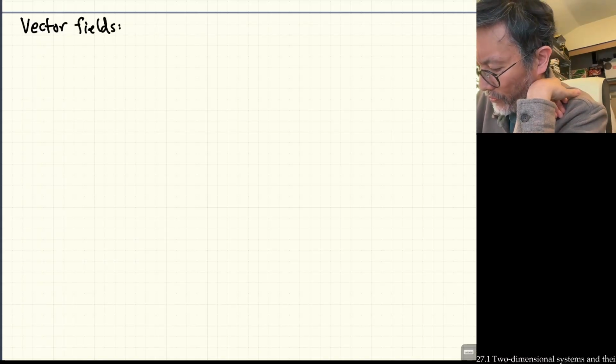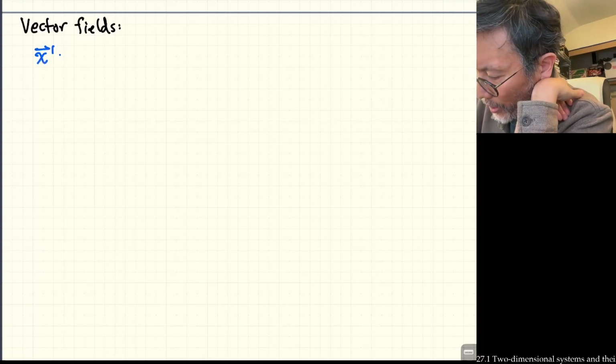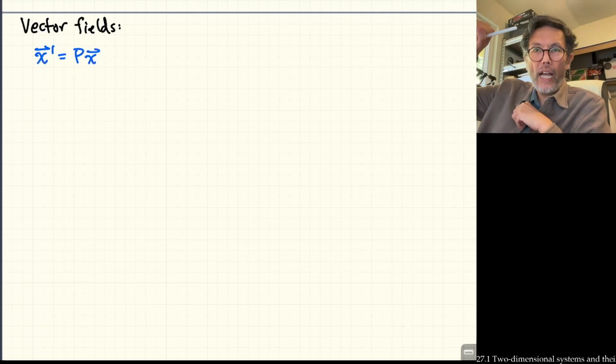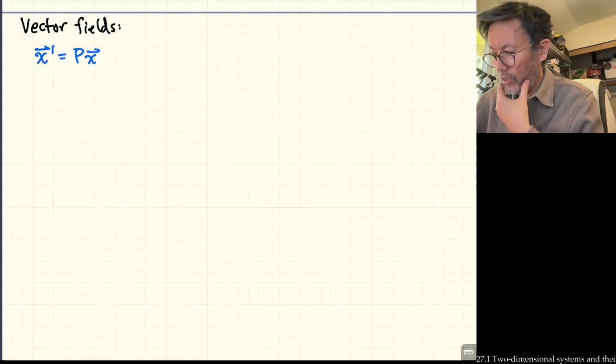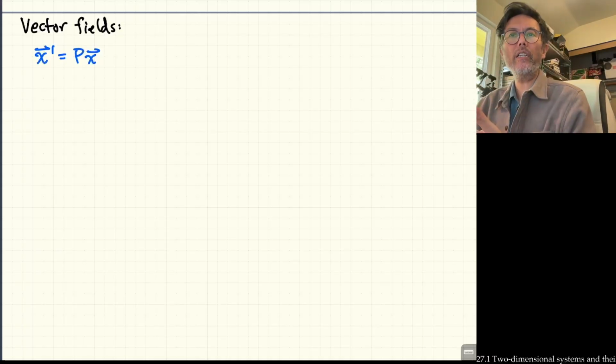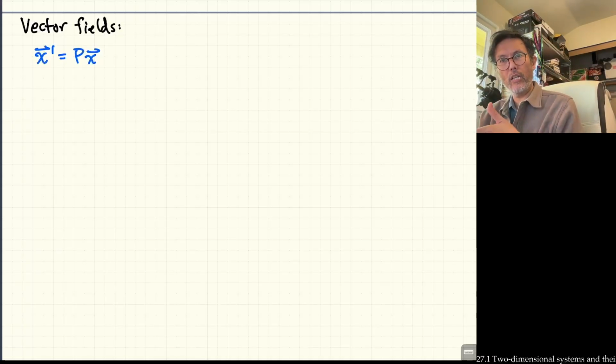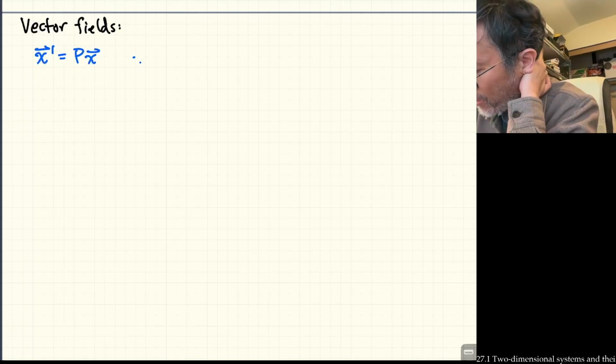So real quick review. Our system is going to look like x prime equals Px. I'm going to think of x as having components x1 and x2. Remember they're functions of t generally. And we construct a vector field associated with the system in the following way.